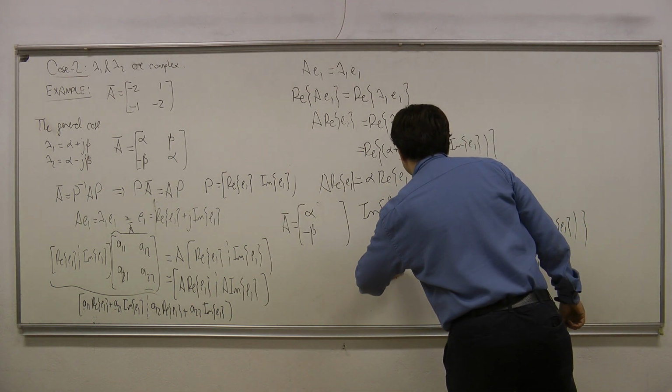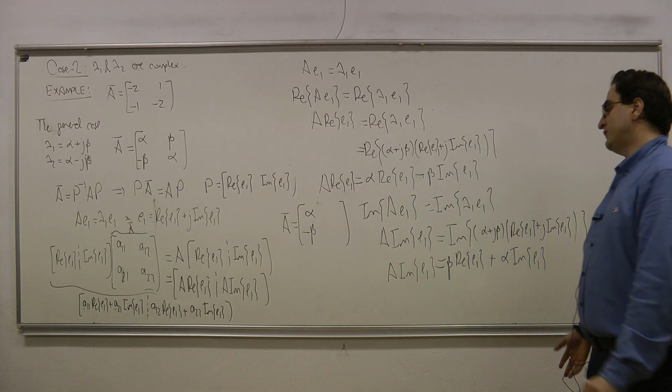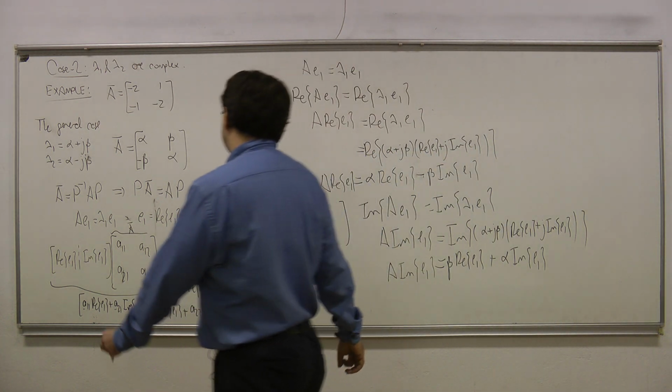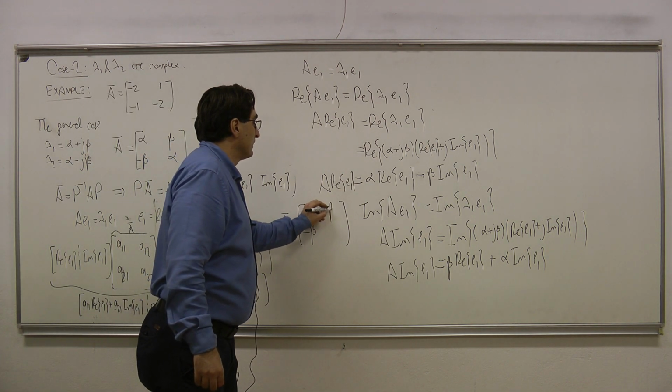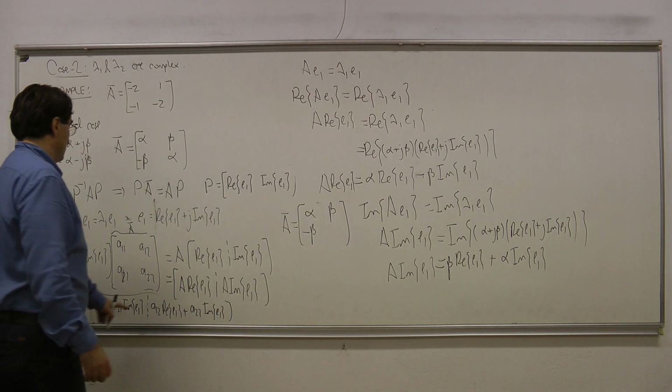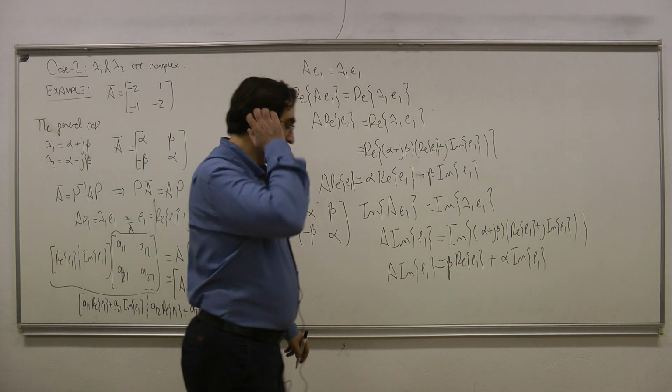And this is A times imaginary E1. So we see here that this coefficient A12 has to be beta, and coefficient A22 has to be alpha. Okay?